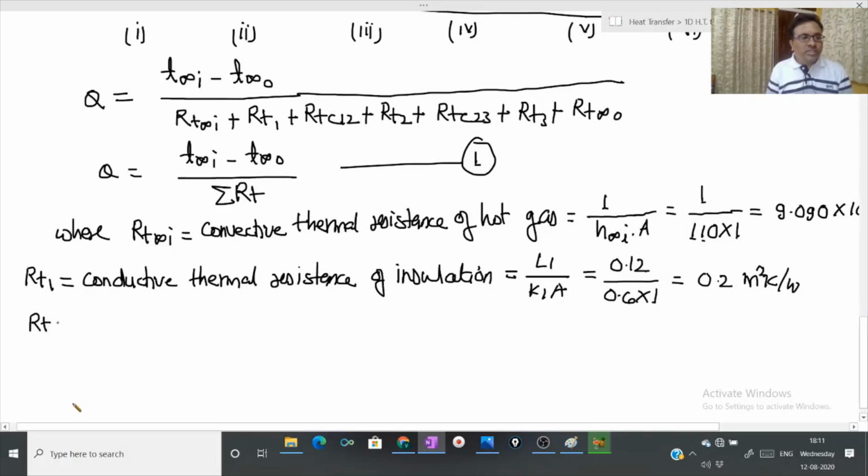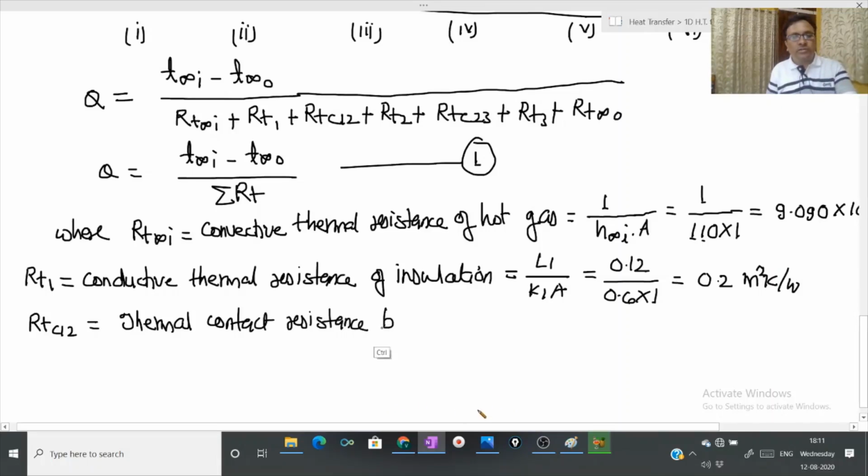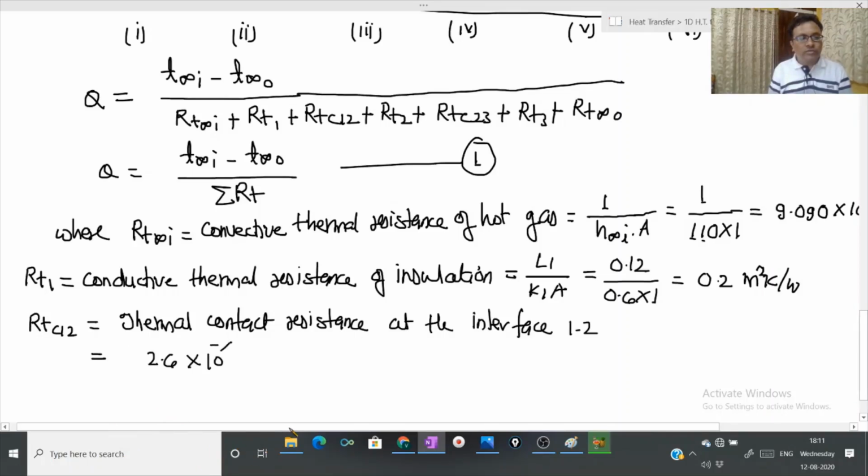So next resistance is RTC12, and it is nothing but thermal contact resistance at the interface 1 2, and this value is given to you, and this is 2.6 into 10 to power minus 4 meter square Kelvin per watt.